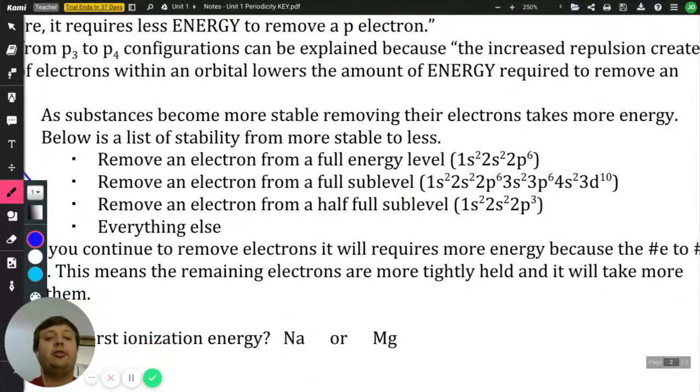As a substance becomes more stable, removing its electrons takes more energy. Because of that, here is the list of stability from more stable to less stable. So let's talk about this. If I remove an electron from a full energy level, that's going to take an extremely large amount of energy.